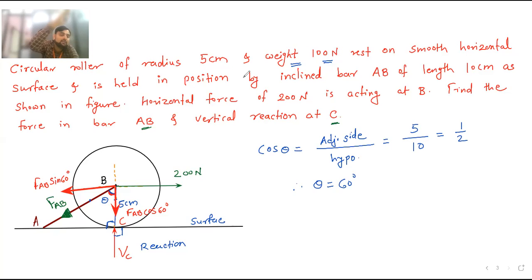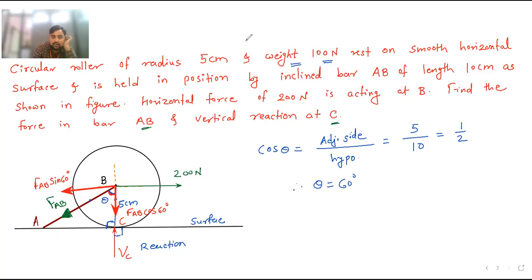The body may be resting or moving on a horizontal plane, or resting or moving on an inclined plane. The weight is always acting vertically downwards through the CG of the body.